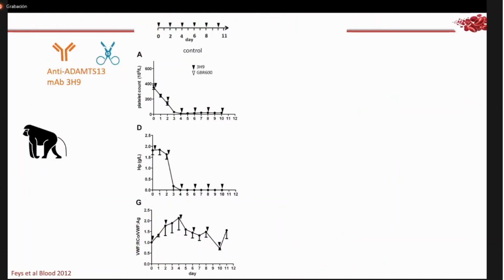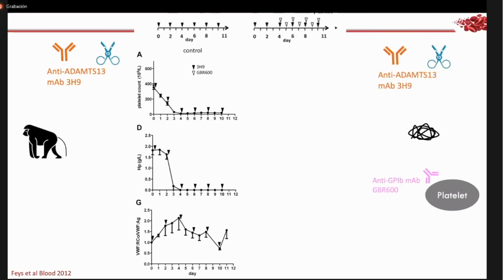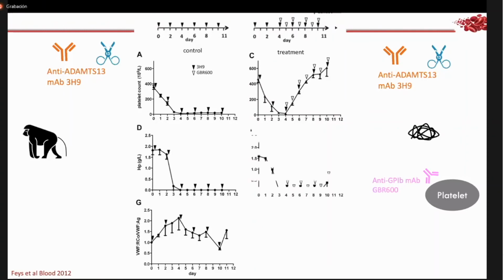So the control group, of course, the same data. But if we now look in the treatment group, where we injected 2 antibodies, you see that when we inject the inhibitory antibody, TTP appears. But when we have TTP and then start to inject the antibody that prevents microthrombi formation, you see the platelet count increasing. So that was a nice proof that we can treat TTP by blocking actually platelet VWF binding interaction.